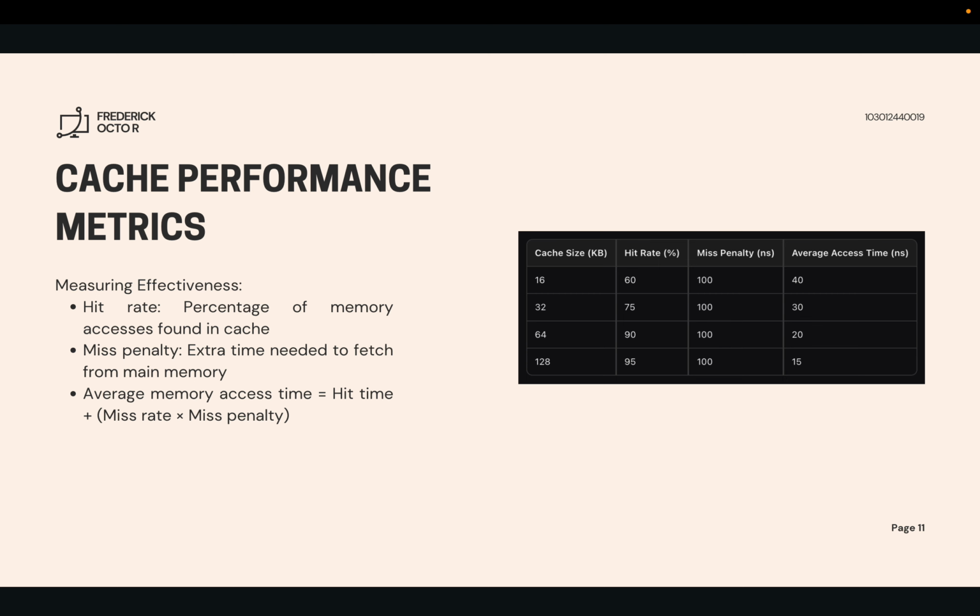The effectiveness of a cache depends on maximizing hits while minimizing misses. A system's overall memory performance can be calculated using the average memory access time formula.